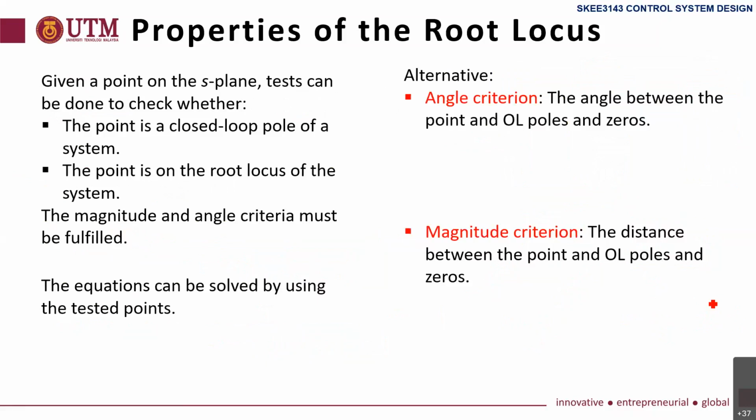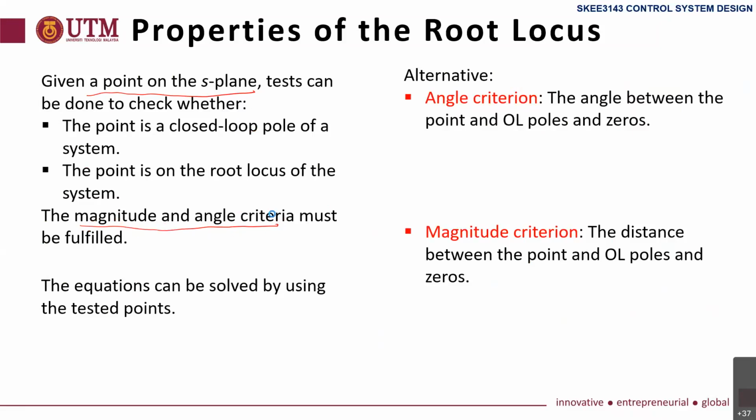We move on by using the criteria, the properties of the root locus. That means if we are given a point on the s-plane, we can test whether the point is a closed loop pole or not, meaning whether it is on the root locus. How can we test? We check whether it fulfills the magnitude and angle criteria.